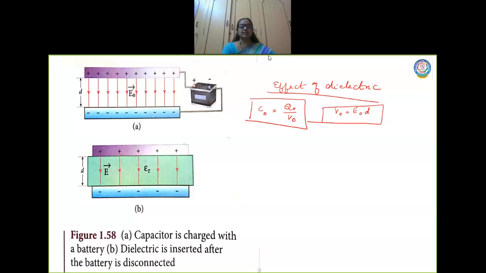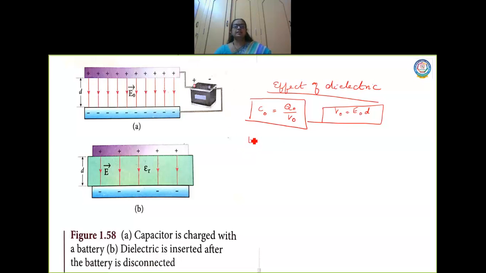Before the dielectric is introduced, the electric field is considered to be E naught. After the dielectric is introduced, there will be immediately a reduction in the value of the electric field, or the electric field will decrease.